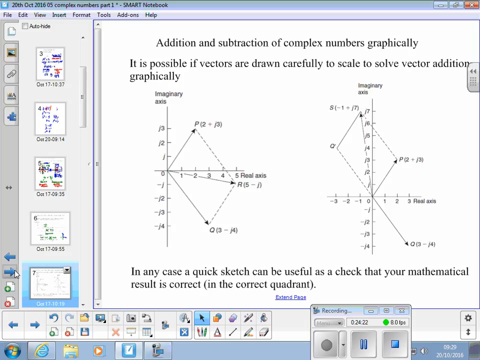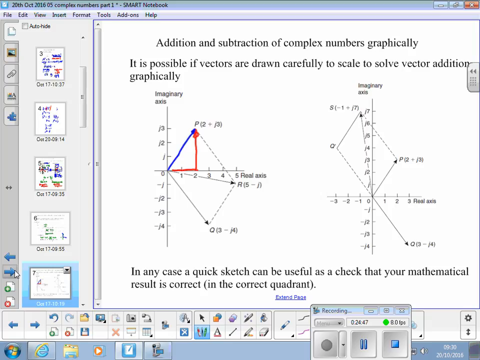So if you were to draw a scale diagram of your vectors, in this case we've got the vector P, which is 2 plus 3J, so we've gone 2 along and 3 up and drawn in a vector.